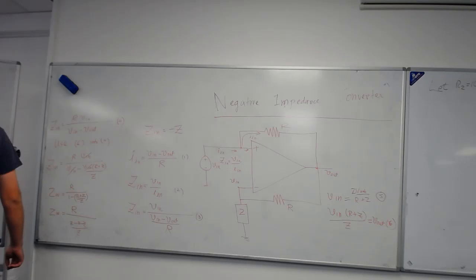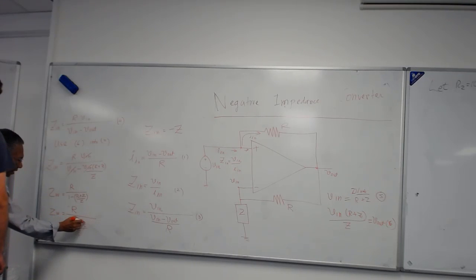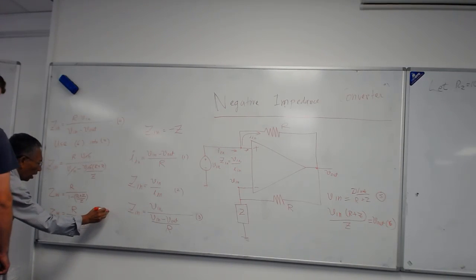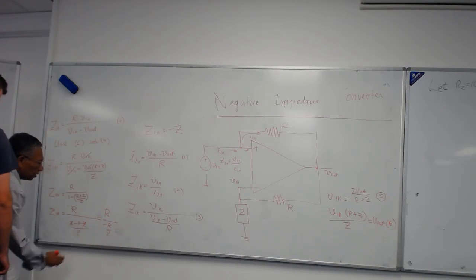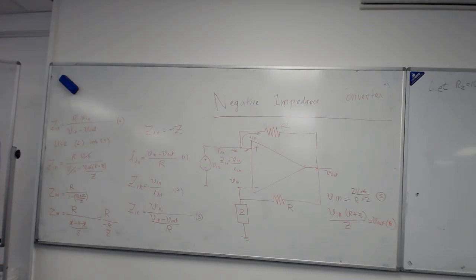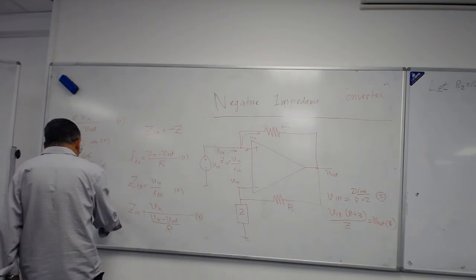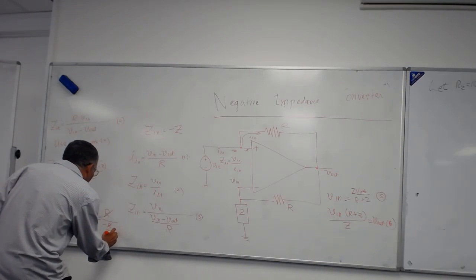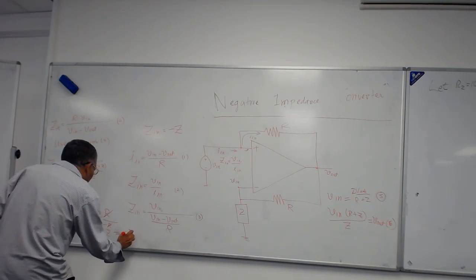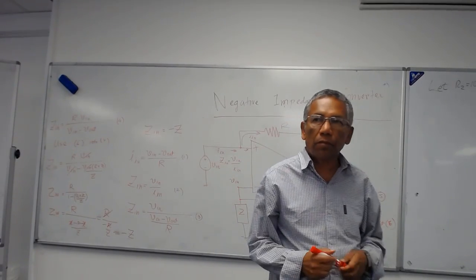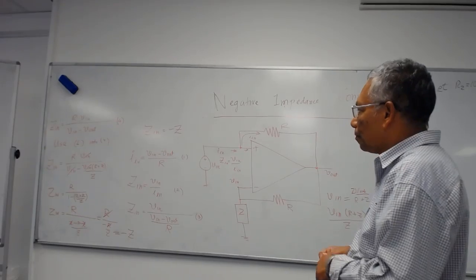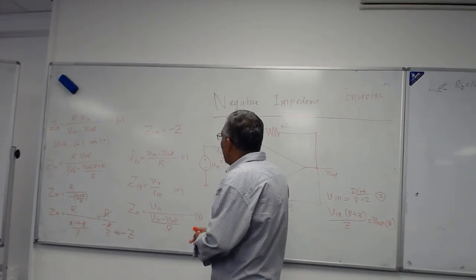Then you cancel your Z here and here, then you're left with minus R divided by Z. Got it? Then you cancel your R on top and bottom and you are left with minus Z. So your Z in is minus Z.